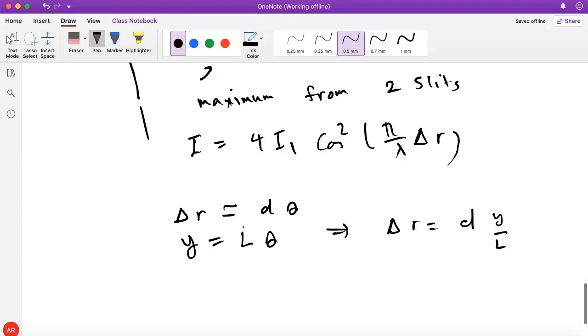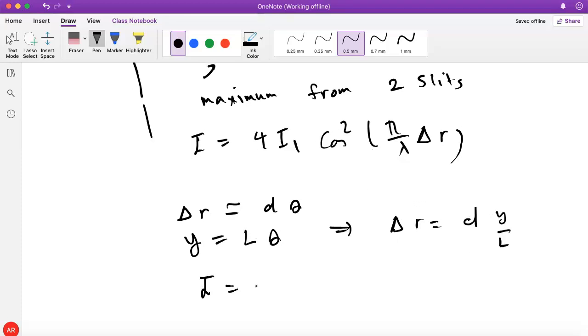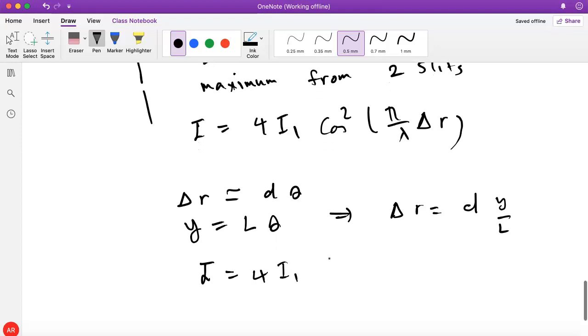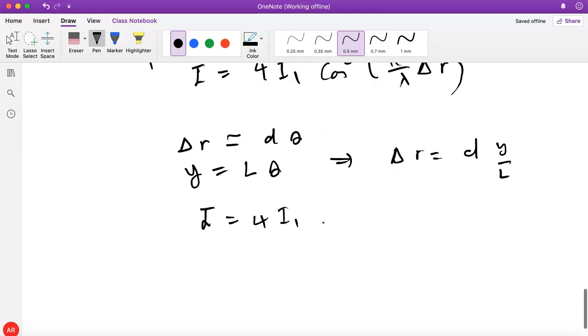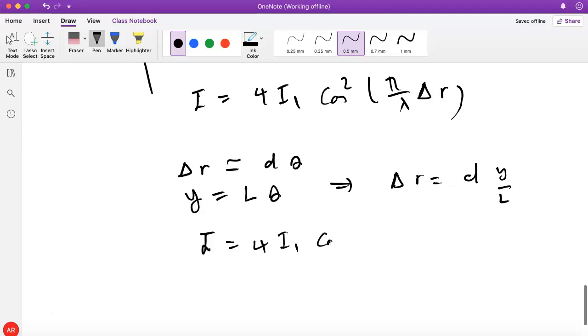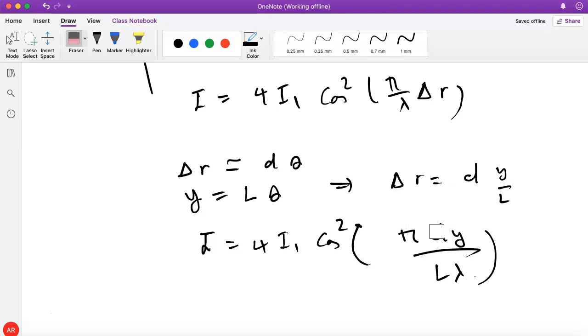So we can plug it into our expression, and we find I is 4 I1, the intensity from one light source, times cosine squared of pi d y over L lambda. So in this approximation, let me just switch the order of y and d so you don't confuse it with some differential.